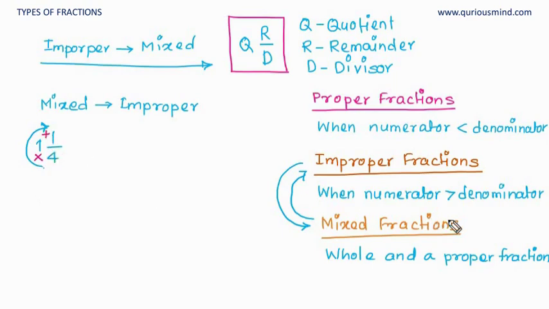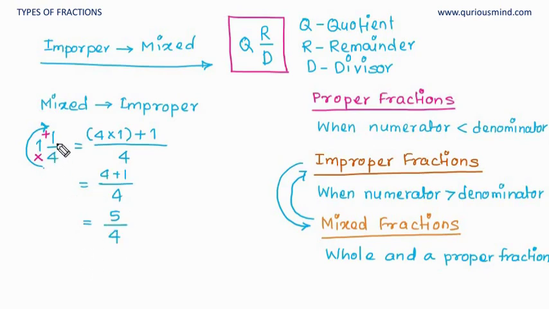So what do we do? 4 into 1. 4 into 1. We have done multiplication, and then we do addition and we add this 1. And the denominator stays the same. So that becomes 4 into 1 is 4 plus 1 upon 4, and that is 5 upon 4.